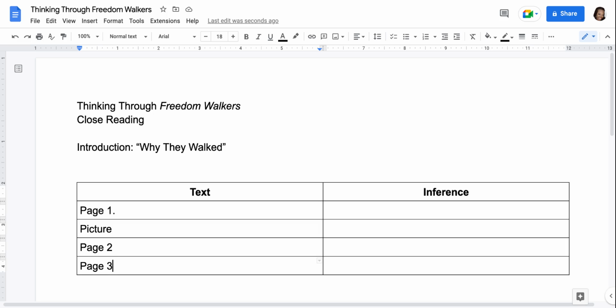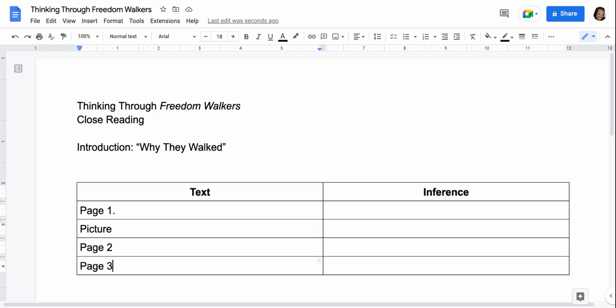If you pay attention to diction, you'll always be able to determine how the author feels about a text. So he uses the word rigged. That's a negative connotation. It has negative energy attached to that word. So I can tell the author is not okay with how the poll tax was established to keep people from voting.